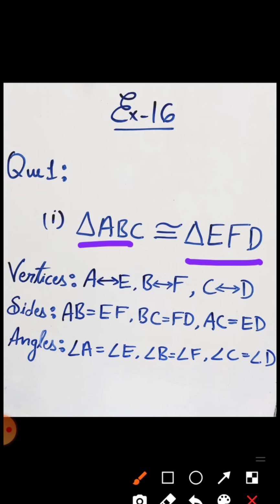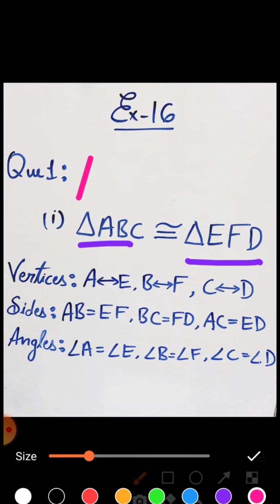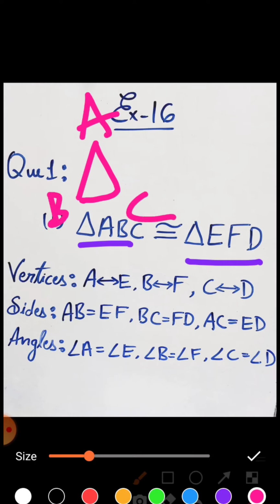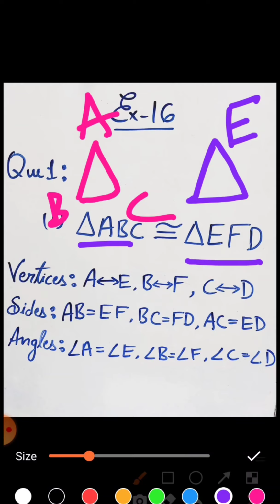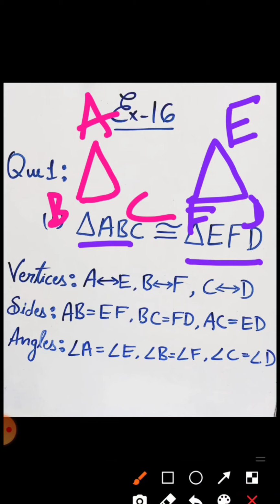So we can see there are two triangles. For example, I'm drawing here: this is A, B, C, and the other one is E. In place of A there is E, in place of B there is F, and here D. So which are the corresponding vertices here?